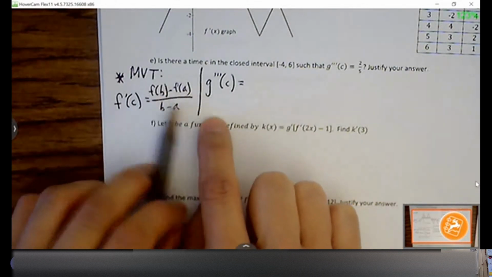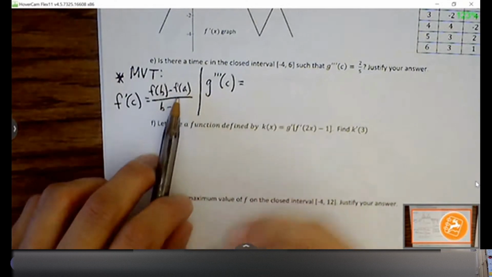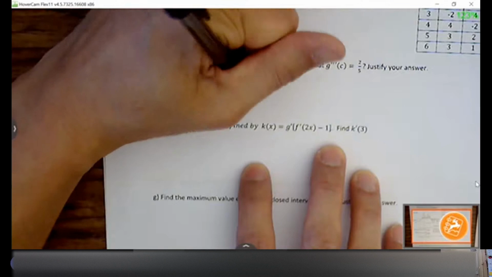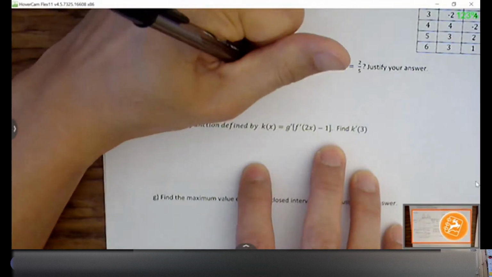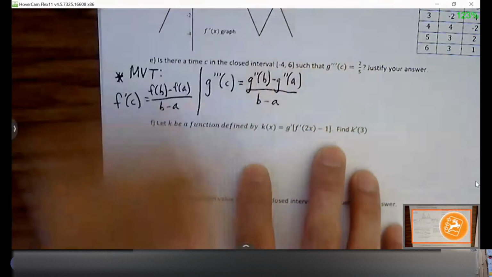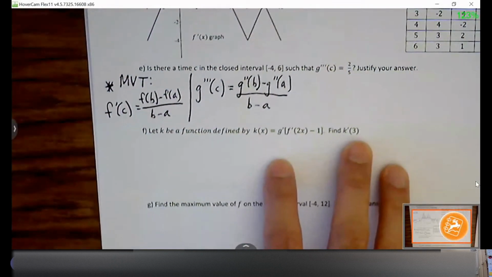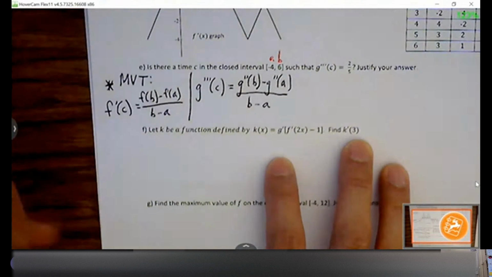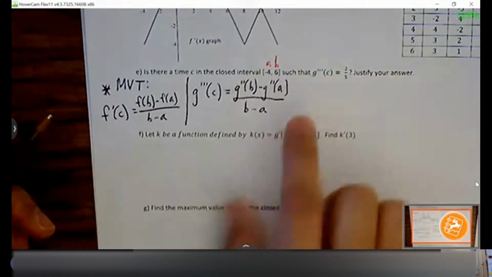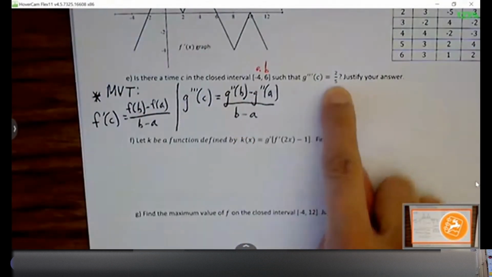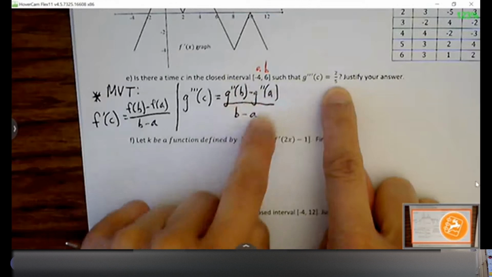We know that this function is always going to be sitting one level higher than what we're trying to guarantee. So our A and B value. And we're just going to insert -4 and 6 in for A and B and see if the slope between the endpoints gives us 2/5.